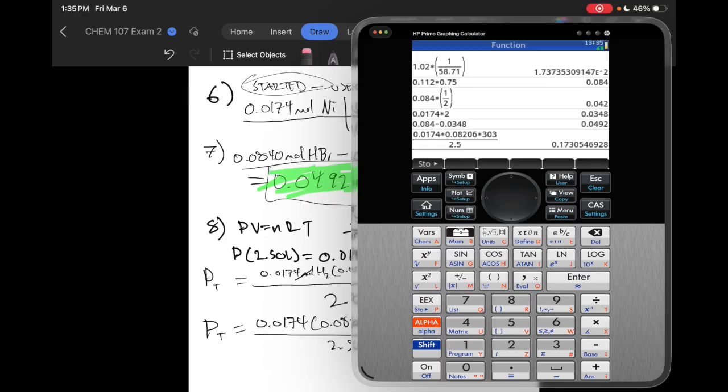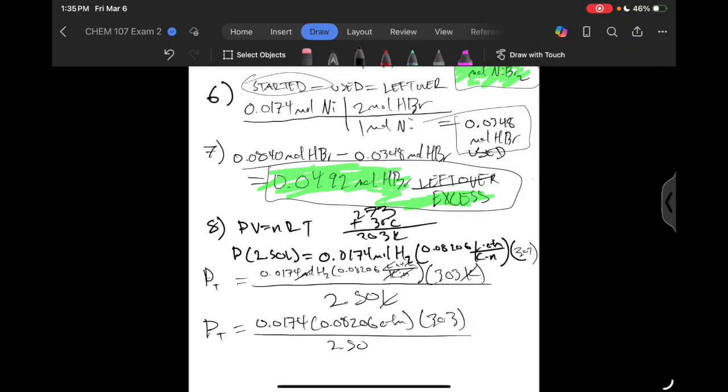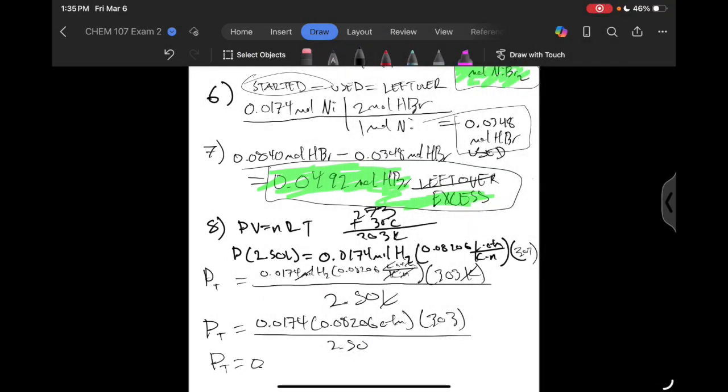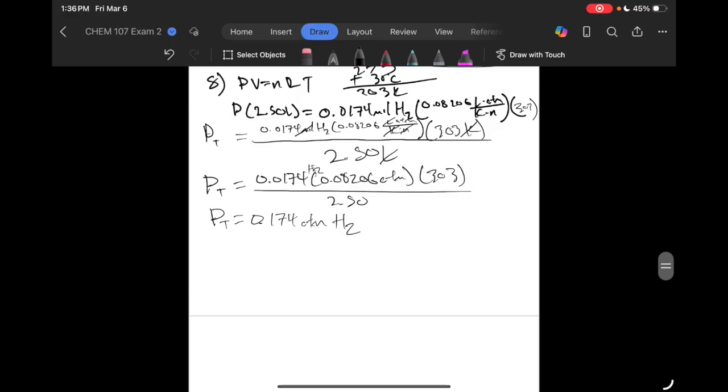That's going to give us 0.174 atmospheres. So P theoretical is equal to 0.174 atmospheres of hydrogen gas.